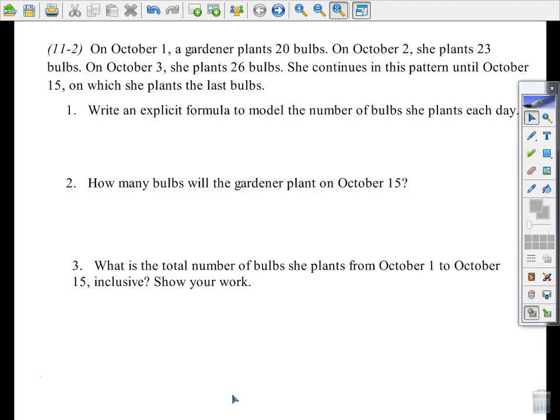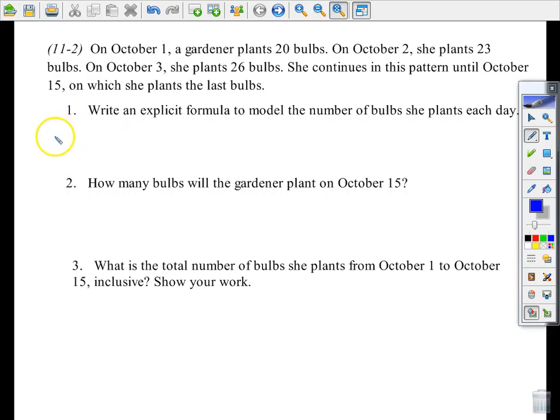So we're adding 3 to the number of bulbs planted each day. What we have here is an arithmetic sequence, because an arithmetic sequence involves adding the same number each time to get to the next number. Since we're adding 3 each time, that's what makes this an arithmetic sequence.